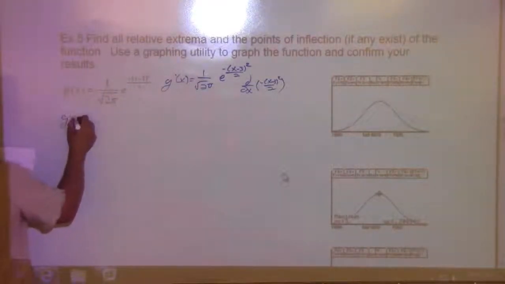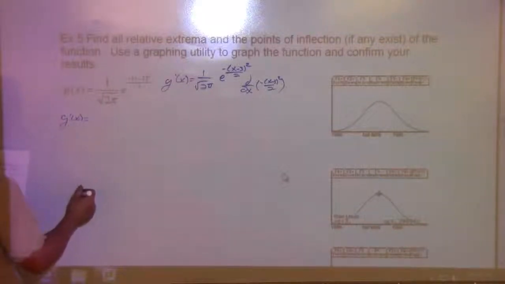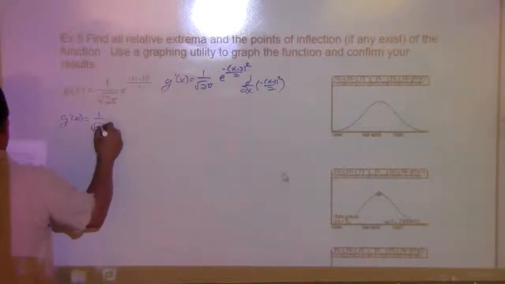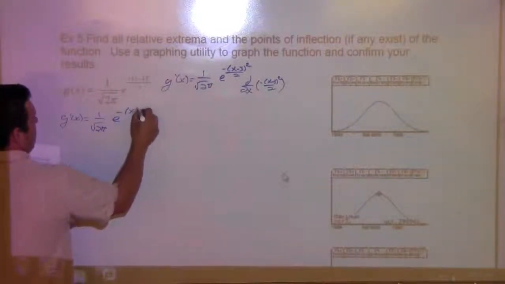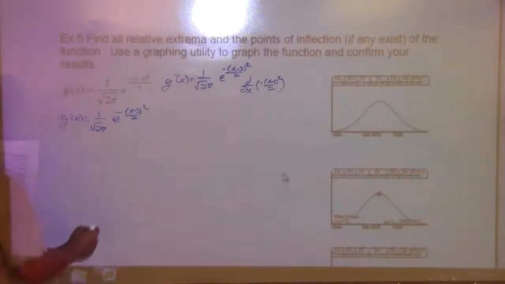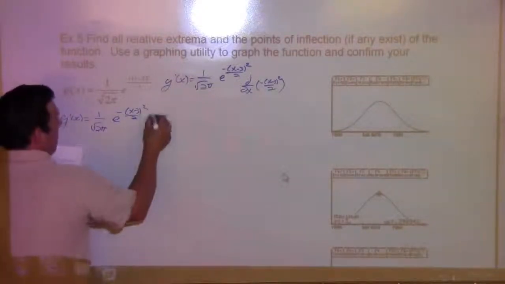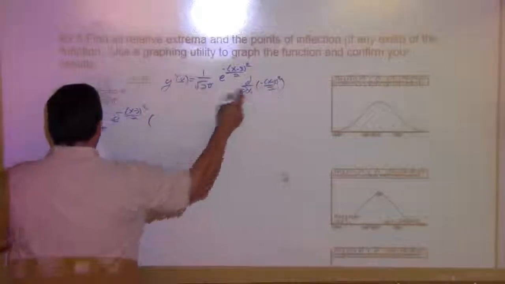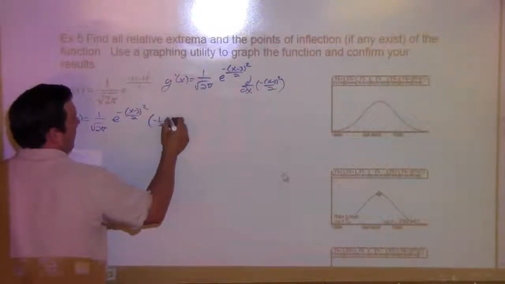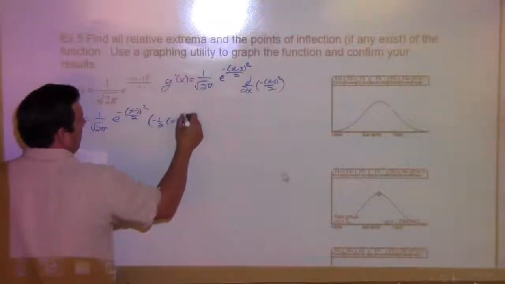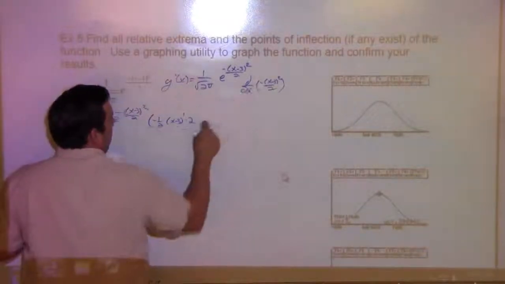So our g prime of x is going to be 1 over the square root of 2 pi times e to the negative of x minus 3 squared over 2 times this derivative, which is going to be negative 1/2 times x minus 3, the 1, then times 2 from the power.